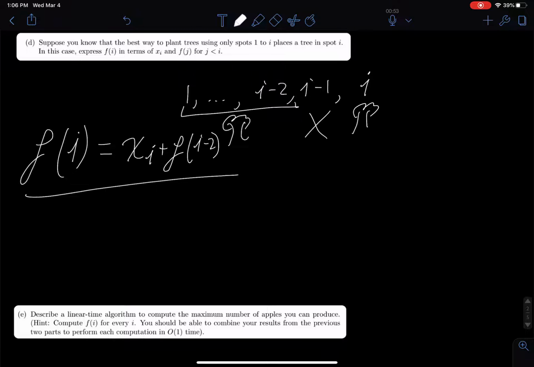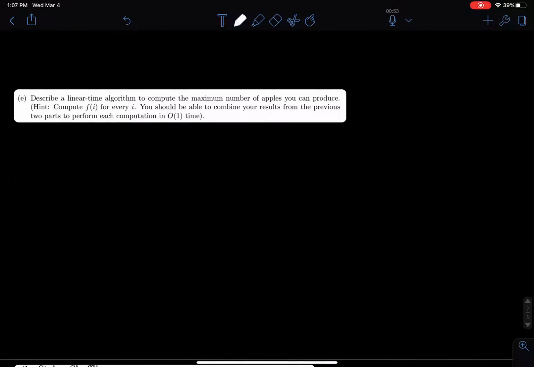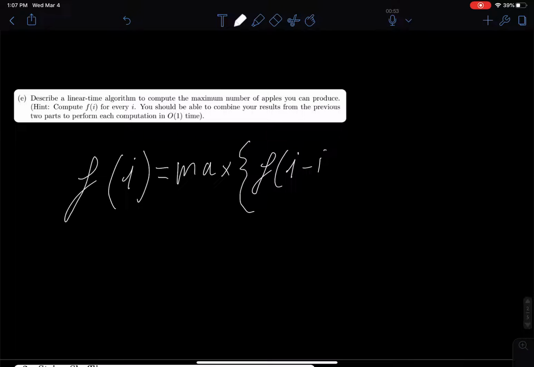This expresses the choice to plant a tree or not to plant a tree at spot i. We can combine these 2 results in order to get a complete approach for computing f_i. We combine them by maximizing. f_i is just going to be equal to the maximum of the choice not to plant a tree at spot i, which gave us a payoff of f_{i-1}, and the choice to plant a tree, which gave us a payoff of x_i plus f_{i-2}.